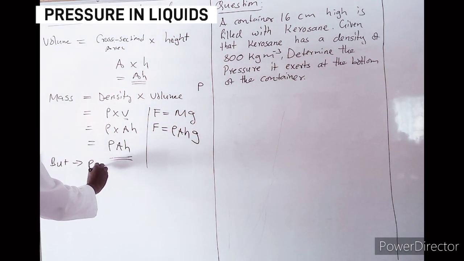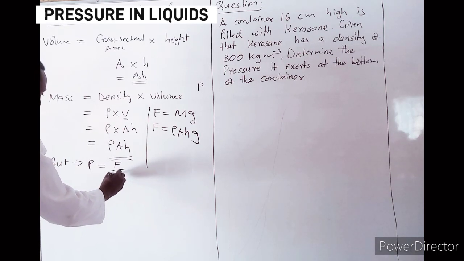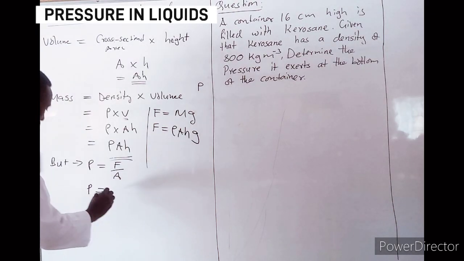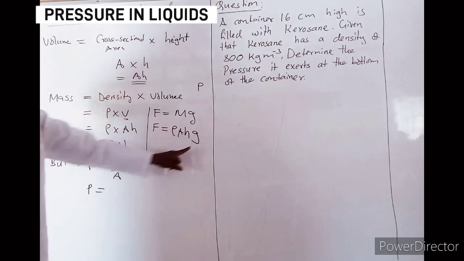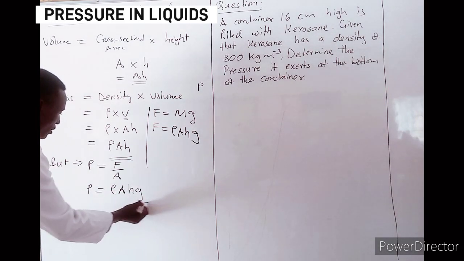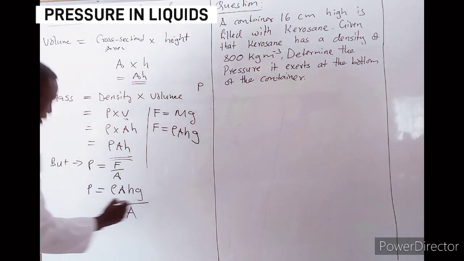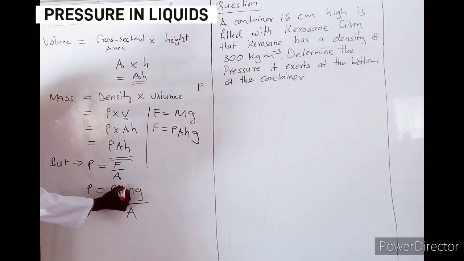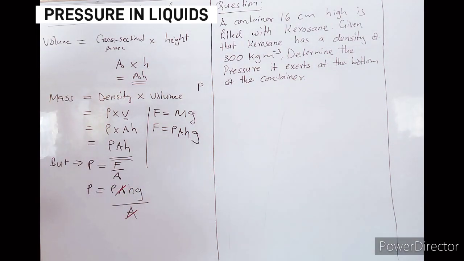But pressure is equal to force over area. So pressure is given by force, which is density times area times height times gravity, over area. At this point, area and area cancel out, and this takes us to the formula for the pressure of liquids.